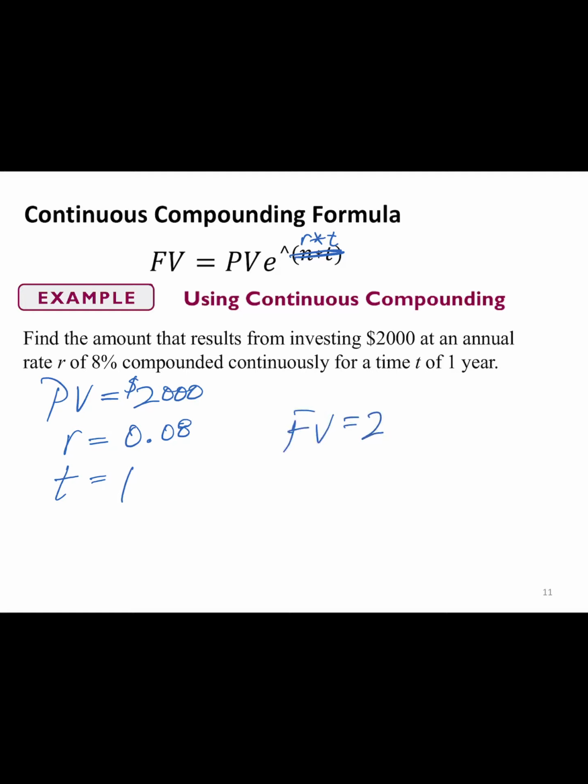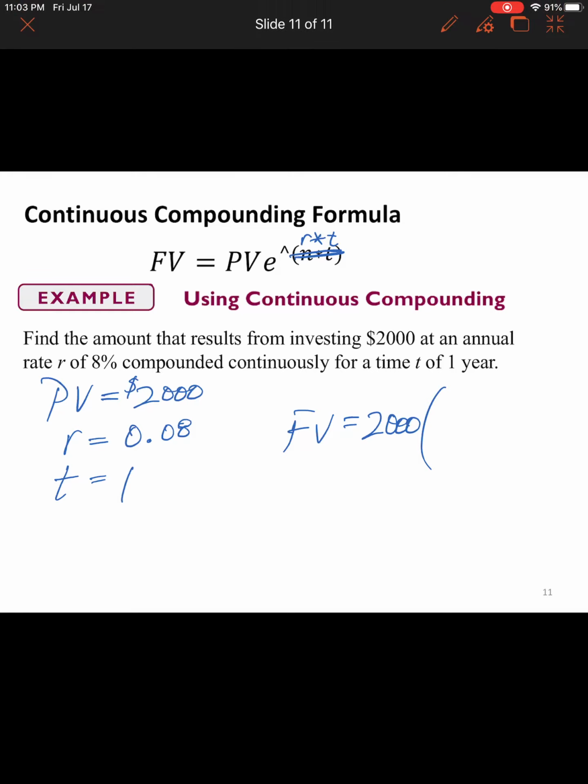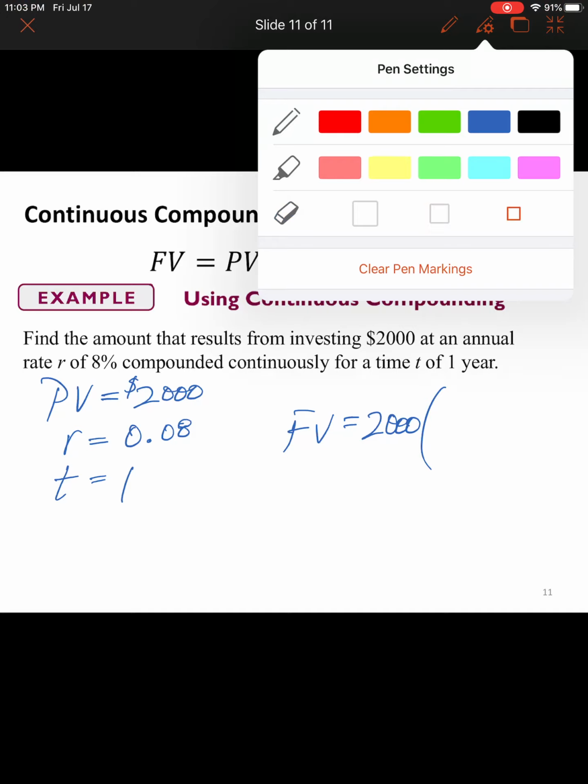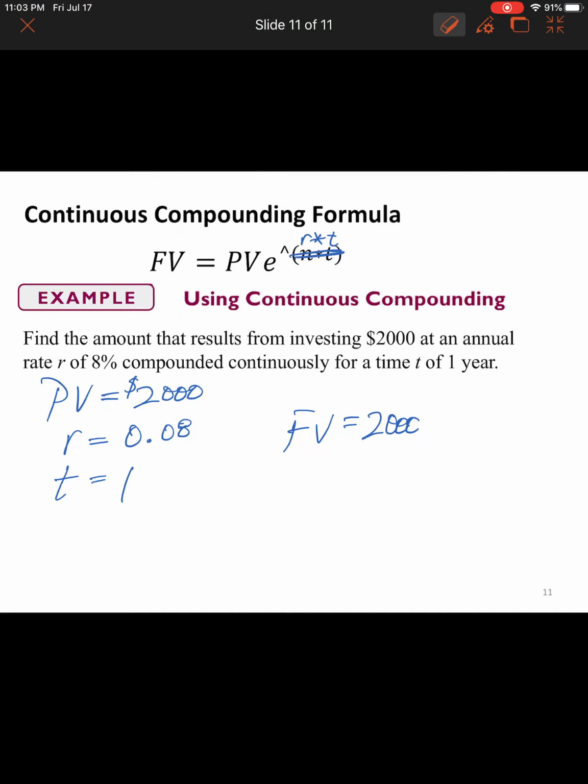So we have $2,000 raised to the 0.08 times the number of years.